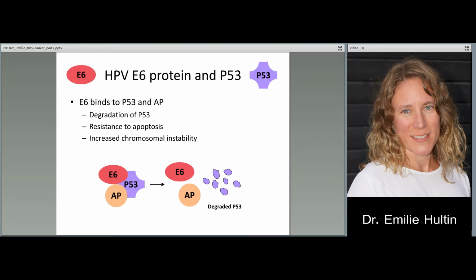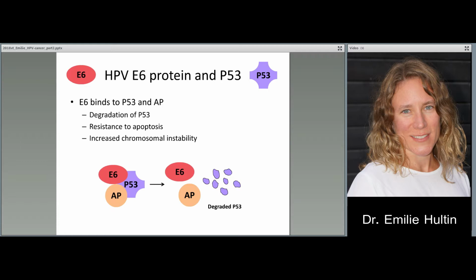It is about the E6 gene from the HPV genome. The E6 protein that is translated from the HPV genome can bind to P53 together with an associated protein called AP. And when E6 and AP bind to P53, it will degrade P53.